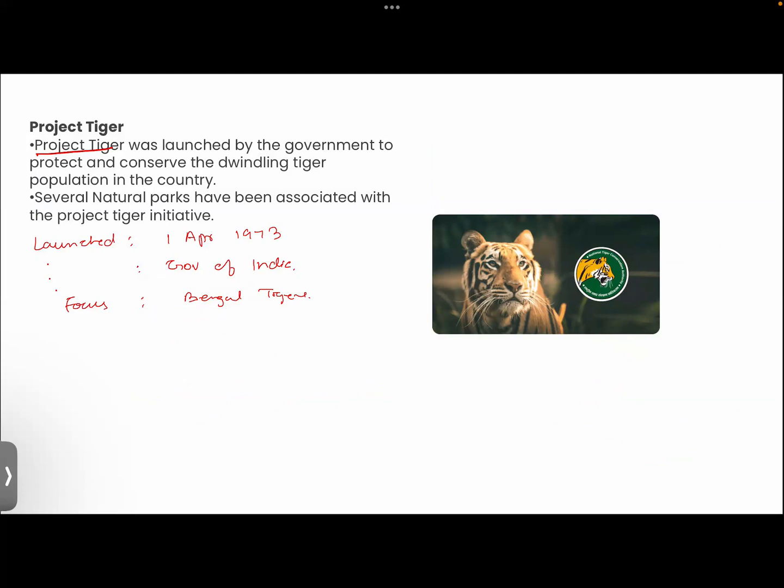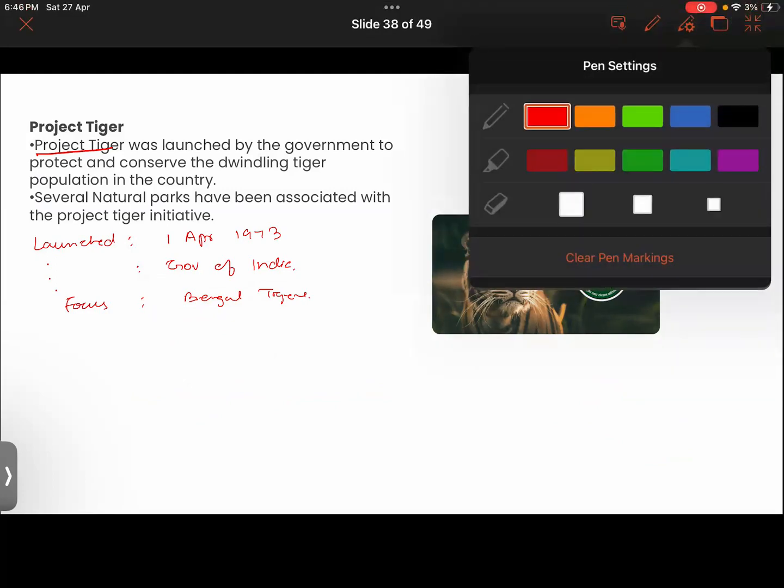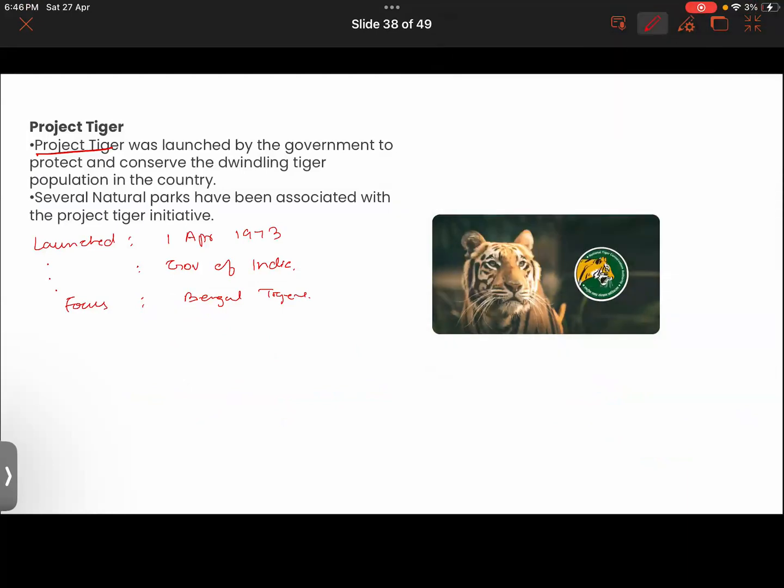Under this Project Tiger, there will be several biosphere reserves, several wildlife sanctuaries and national parks. Getting it, Sundus? It's a program launched by the government, and under this you would have several tiger reserves in India. There are as many as 28 tiger reserves in India.